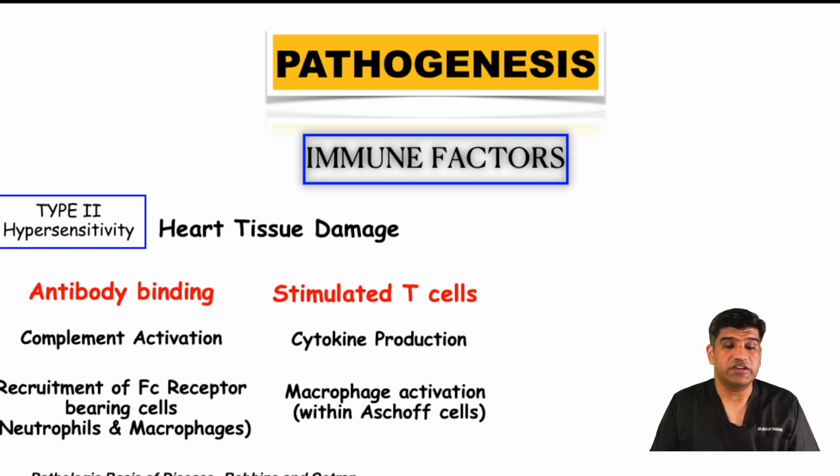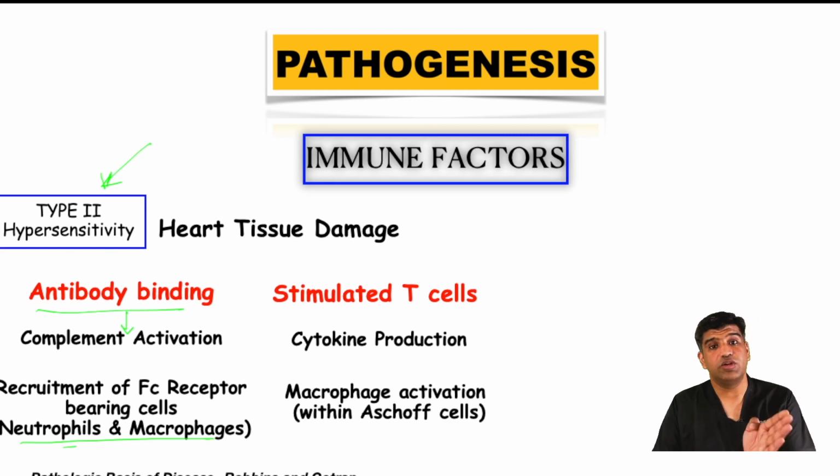Further, among the immune factors, this is all a type 2 hypersensitivity, which causes two things. One is antibody binding. Antibody binding causes complement activation and recruitment of neutrophils and macrophages. The other is stimulation of T cells, which causes cytokine production.